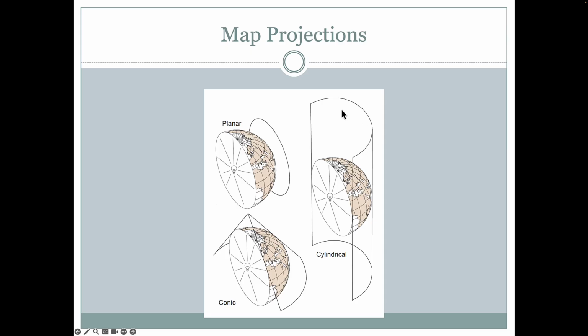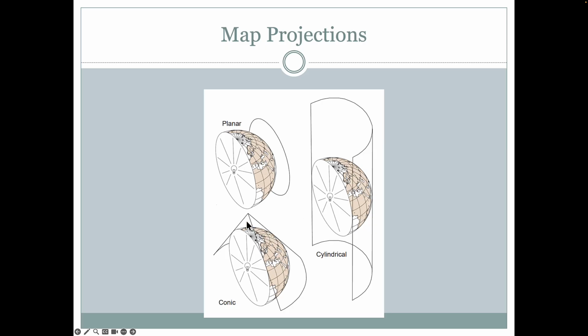But we could take a piece of curved paper, like half of a cylinder, still put the light in the middle, project that light onto the cylinder, draw out where all the continents and lines of latitude and longitude are, and then take that half of a cylinder and flatten it out onto a flat surface. That would also give us a map projection. There's one other surface we can do this with, and that's a cone.